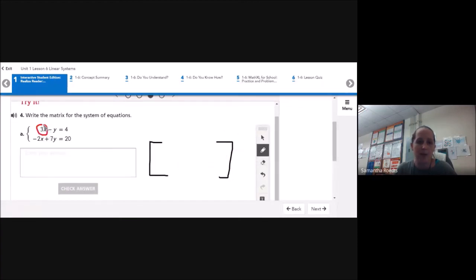I'm going to use red for x and blue for my y values. Okay. So looking at this, the first value I have is 3. And then I have a negative 2. So there's my first row.